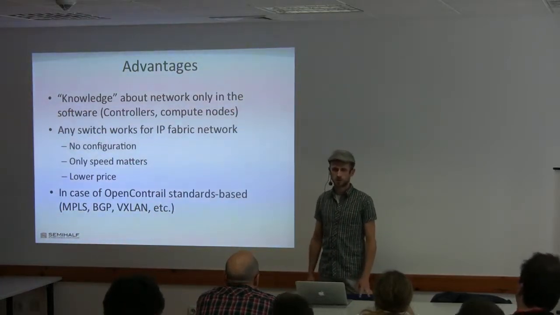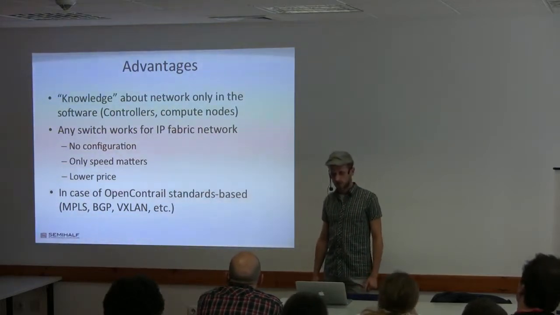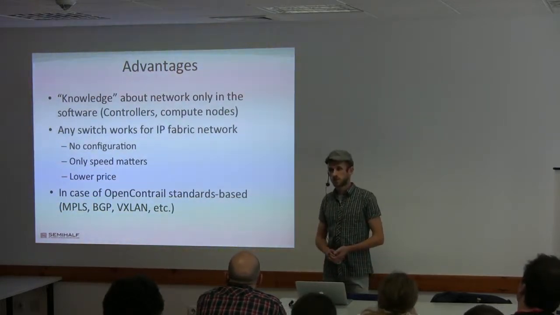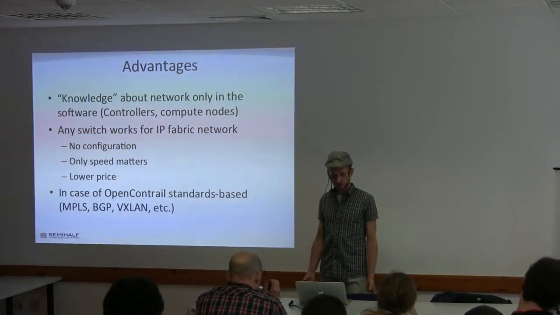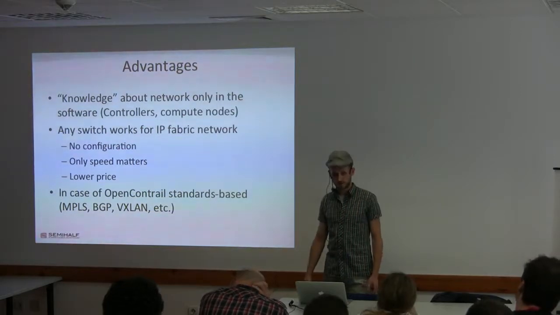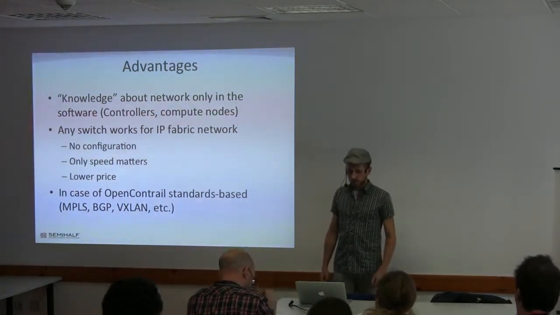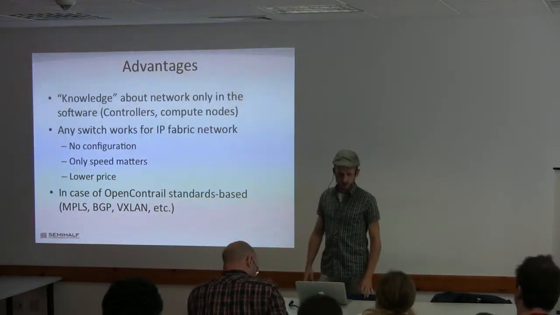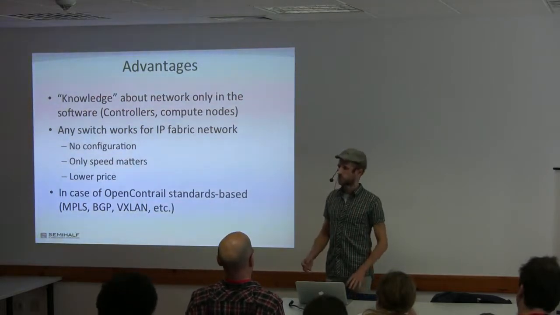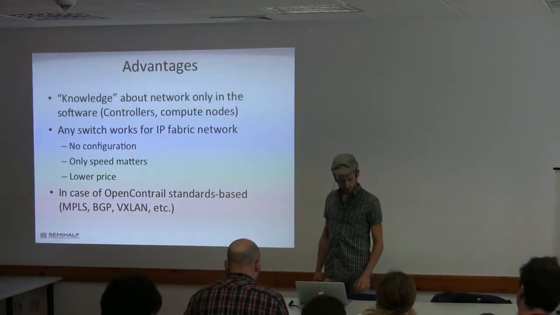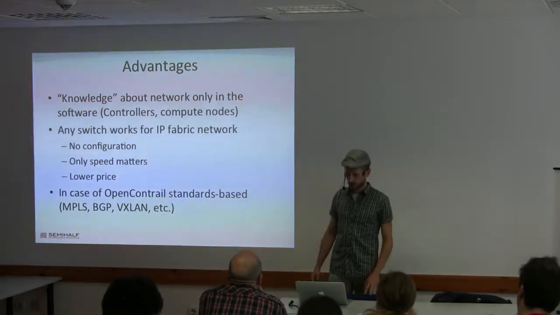Only speed matters actually. If it is faster, it is better. And if it doesn't have to have any sophisticated configuration possibilities, then it may be of lower price than the former one. And in the case of OpenContrail, this whole process is based on standard protocols, which makes it very easy to interoperate with existing equipment in the data center.